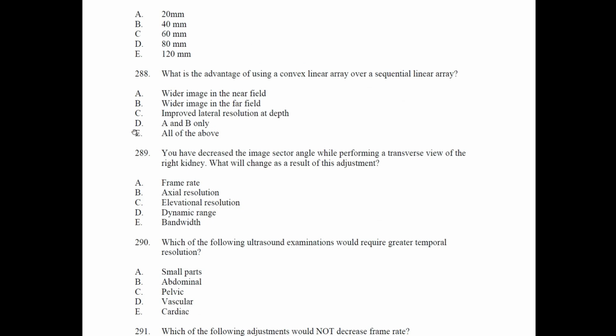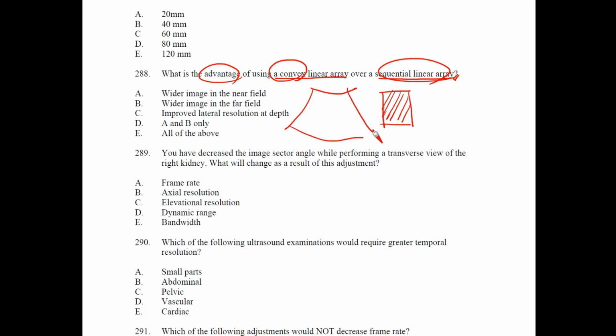Now, let's move on and look at question number 288. Looking at the question, it asks what advantages the convex linear array method has compared to the sequential linear array. In the case of the sequential array here, you can think of it as a typical rectangular shape. For the convex type, you can imagine it as spreading out widely in a fan shape.